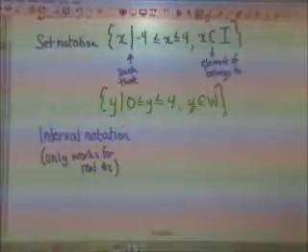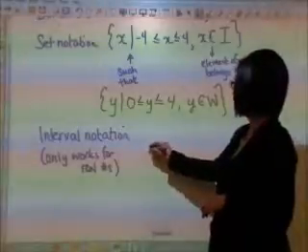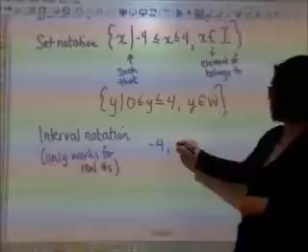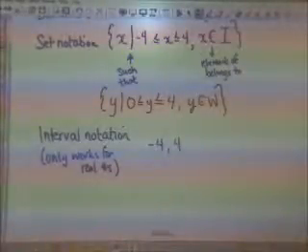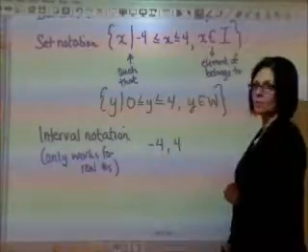So in interval notation, we put the low number, which was -4, and then we put the high number. And what that means is I'm going from -4 to +4.